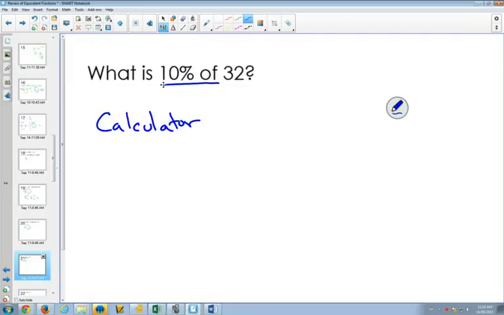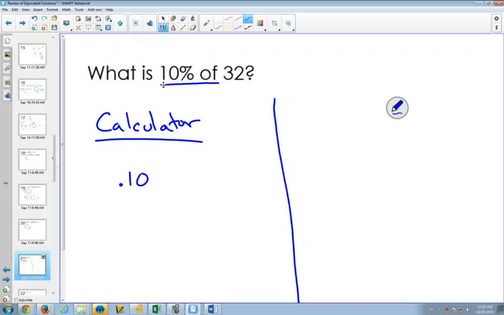we change our percent either to a fraction or a decimal. So I'm going to change it to a decimal right now. Do we remember how to change a percent to a decimal? How do we change 10% to... 10% is the same as decimal 10.